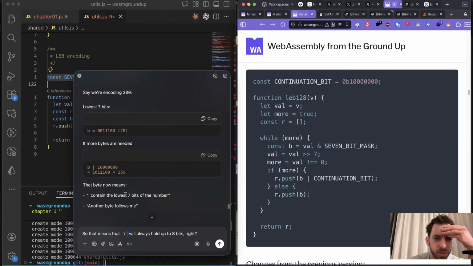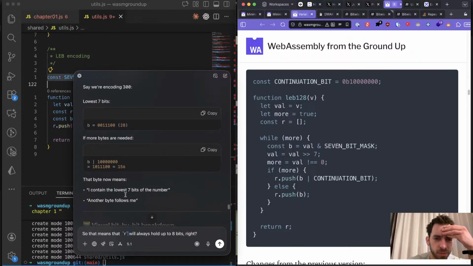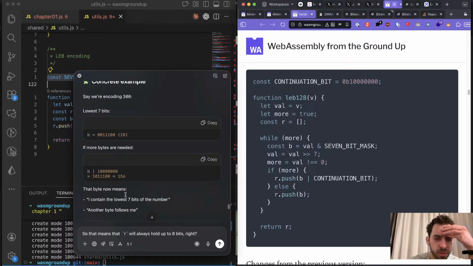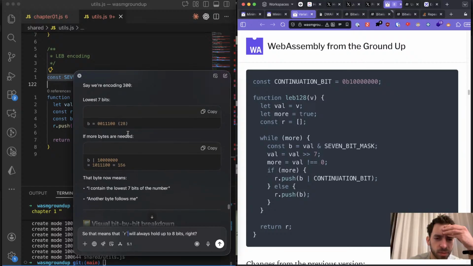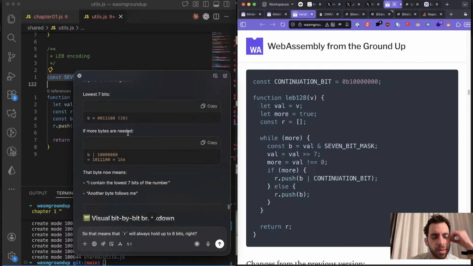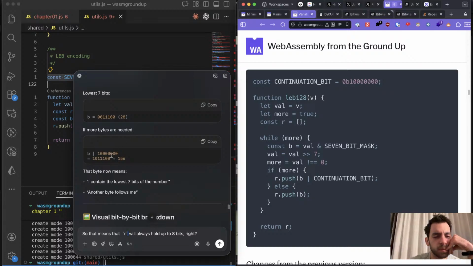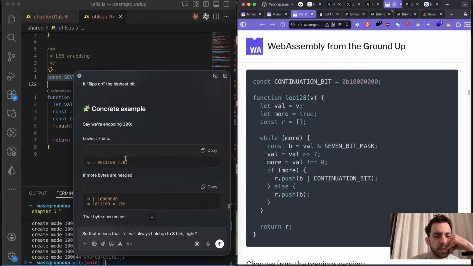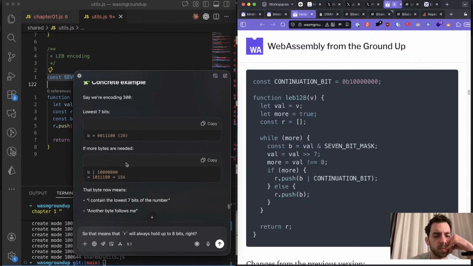Okay, example, say we're encoding 300, lowest 7 bits. All right. B, binary 0, 1, 1, 1, 1, 1, 1, 0, 28. If more bytes are needed, that byte now means... but wait, when you say you're encoding 300, what is 300? An integer, a bit, or a number in binary format?